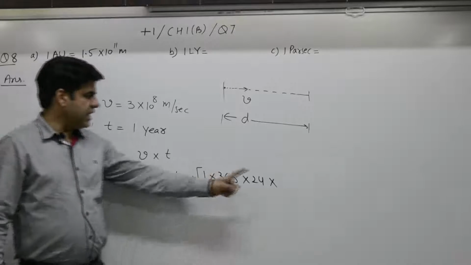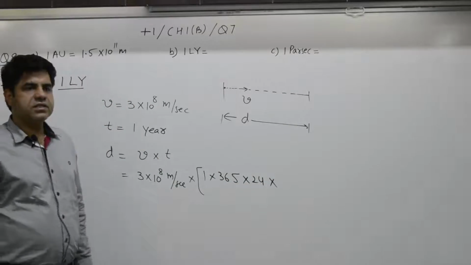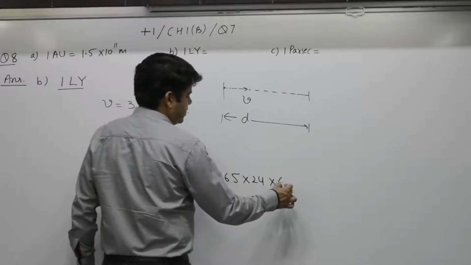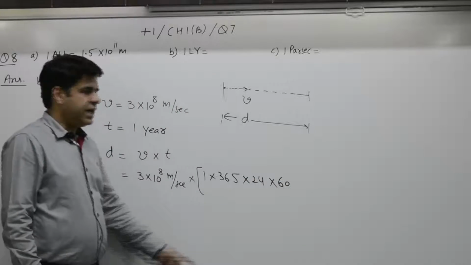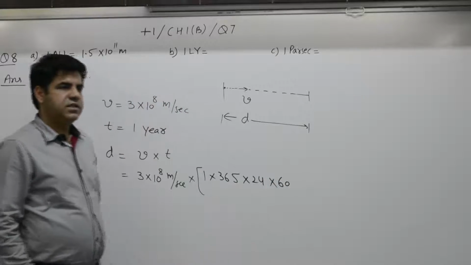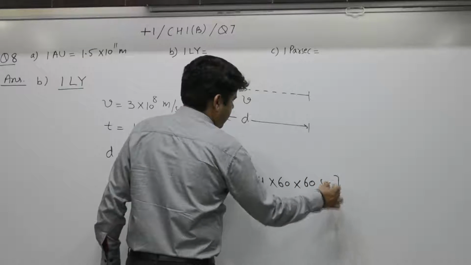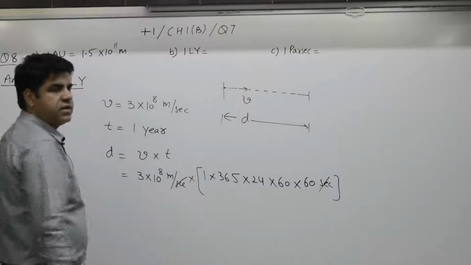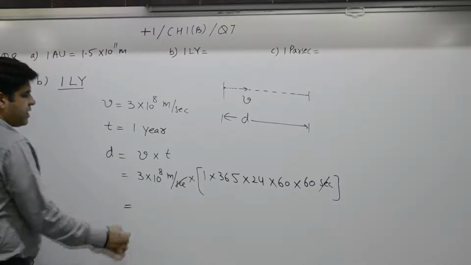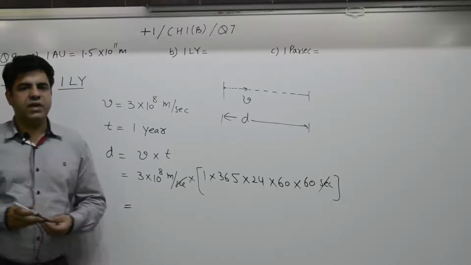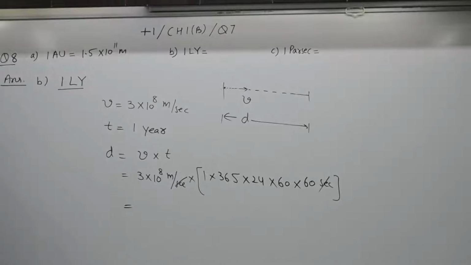Still you are writing it in hours and this is in seconds. Minutes. Now you are writing it in minutes and it is in seconds. Into 60 seconds. Now it is workable. Second cancel, calculate, and this distance is known as 1 light year. 3 minutes with you. Calculate karna.